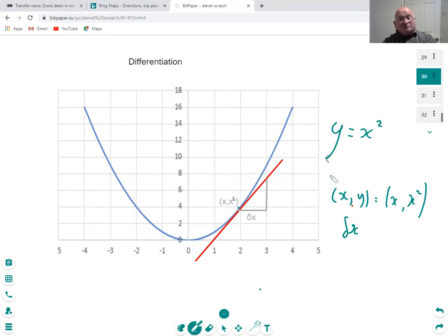Okay, what I've done here to get the gradient at a particular point is to draw a tangent to the curve at that point. And I've just chosen a general point x. Well, x squared, because we know that y is x squared. And we're going to try and work out the gradient of that line. Now, there are rules.